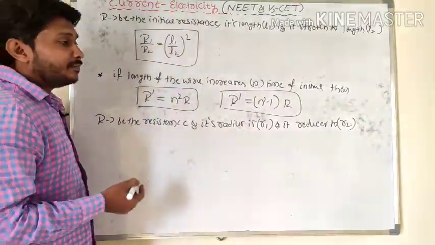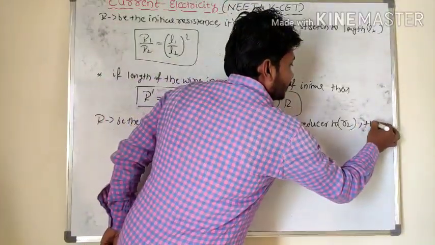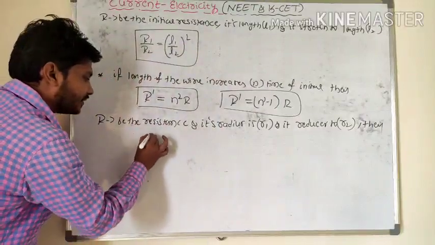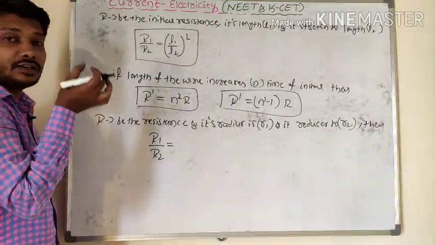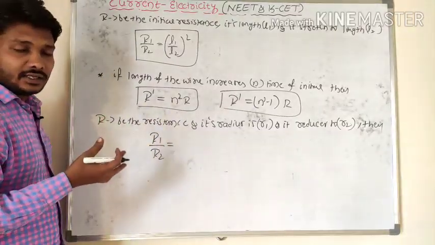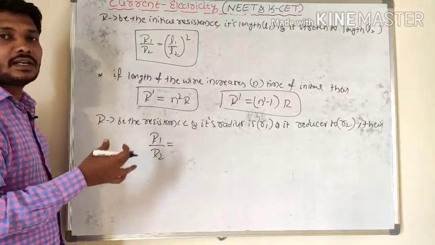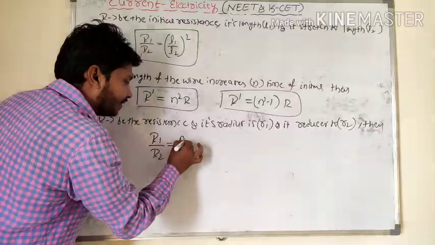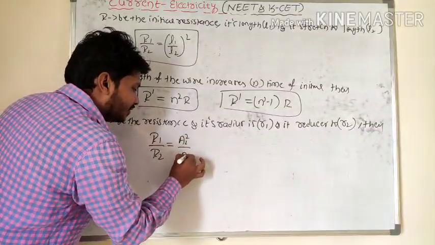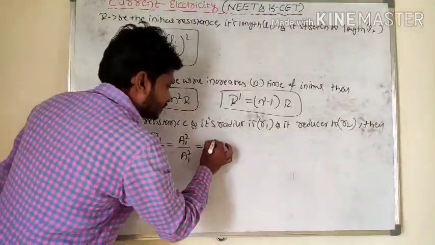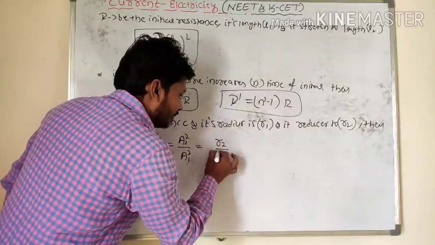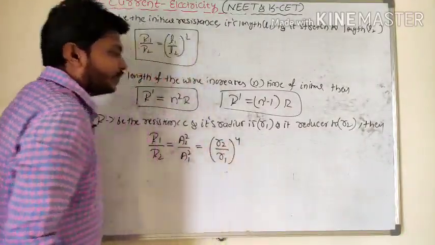Then what about the change in resistance? What is the relation? If the volume is constant, resistance is inversely proportional to the square of the area, so A2 square divided by A1 square. Area means pi R square, so shall I write it as R2 by R1 whole to the power of 4?